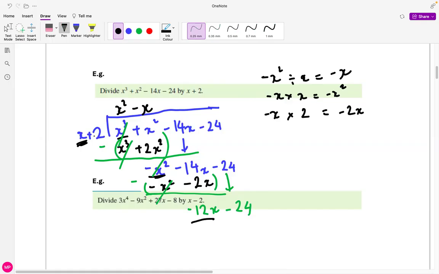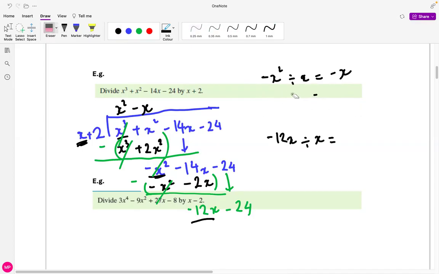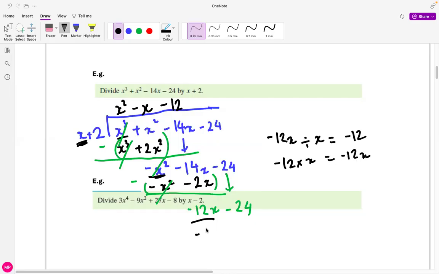Then you do the same thing again. Negative 12x divided by x gives you negative 12. So you have negative 12 on the top here. Then you multiply back again: negative 12 times x is negative 12x, and negative 12 times 2 is negative 24.